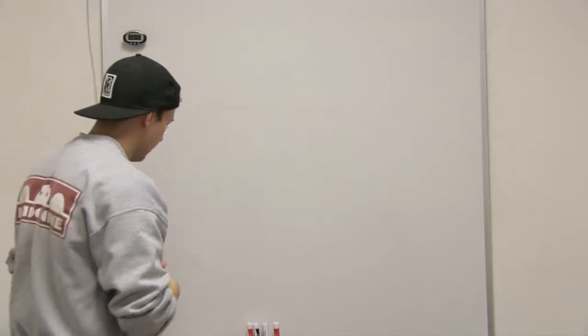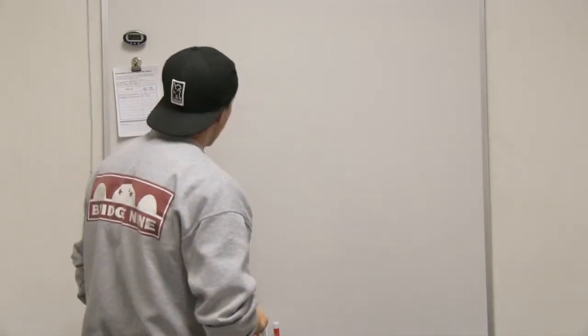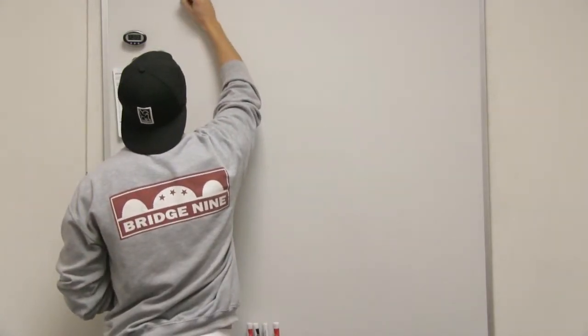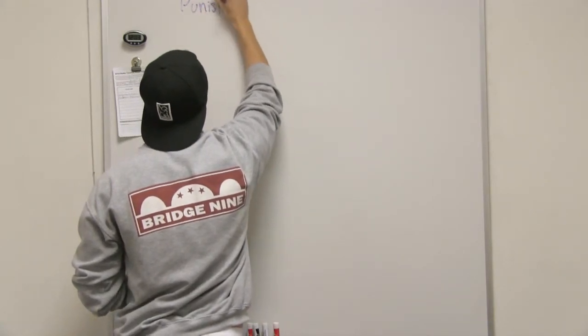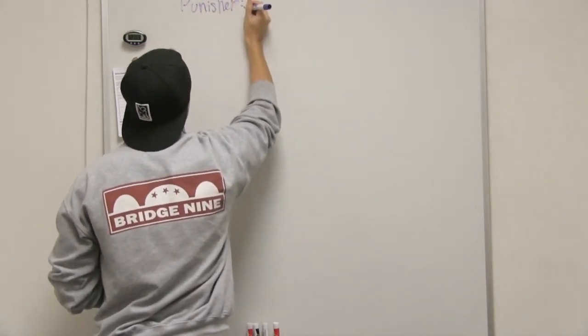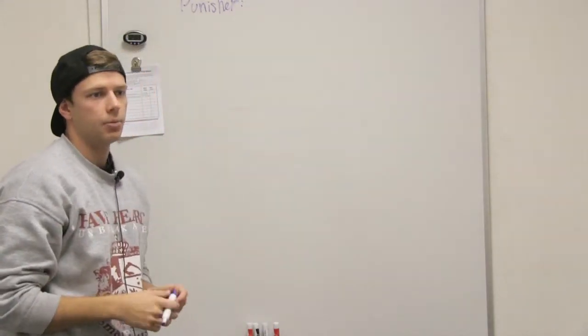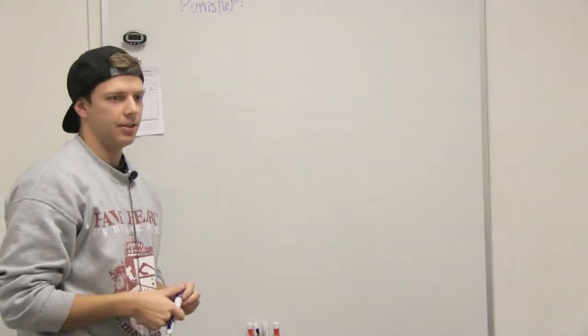So first I like to do the definitions. So what's a punisher? Something bad that happens to you, I guess. Okay, so it can be something bad. Would it decrease or increase the behavior? Decrease.